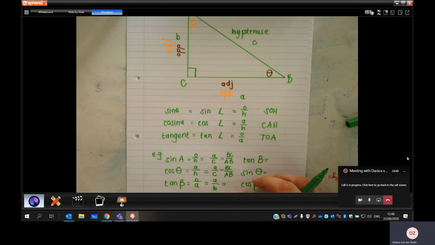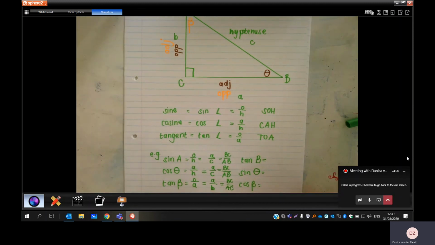Using two capital letters, using the vertices, little a is BC over AC. Can you still see everything? You sure? I can zoom in.